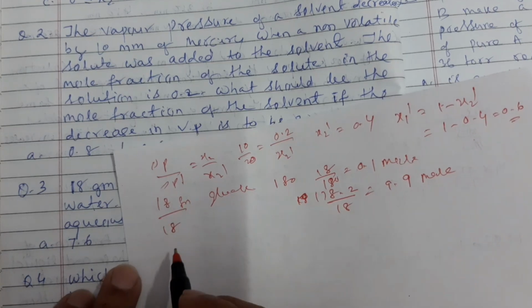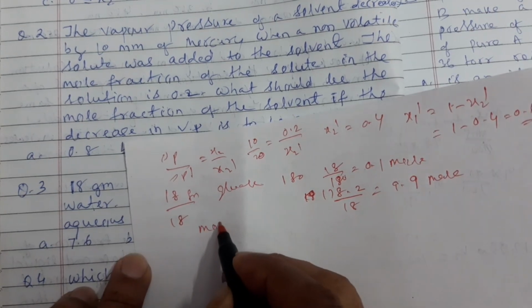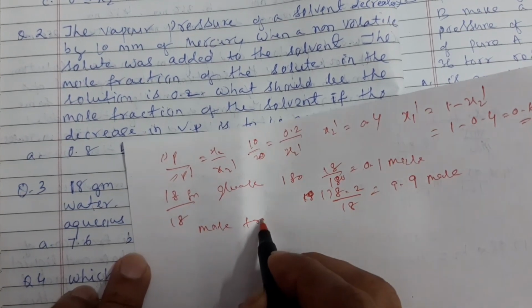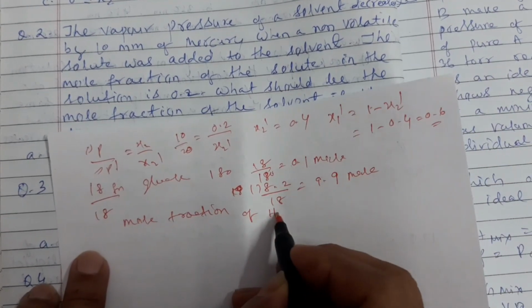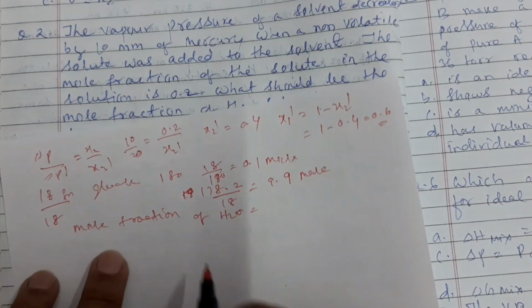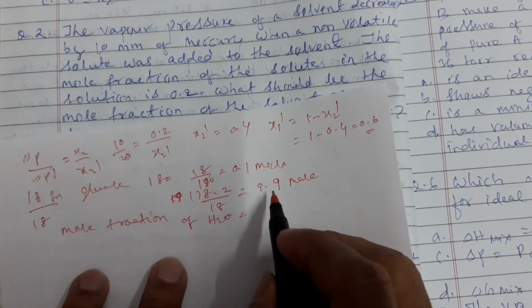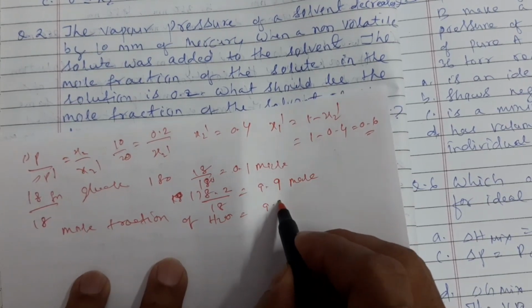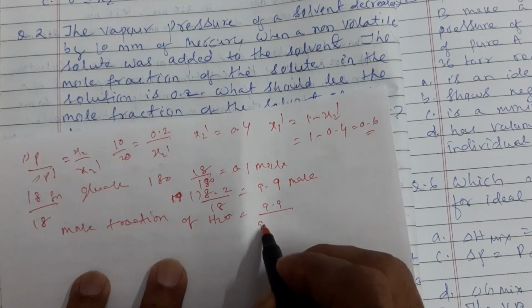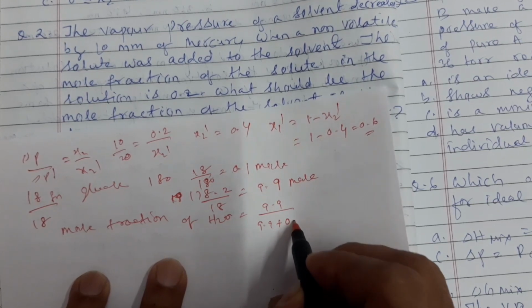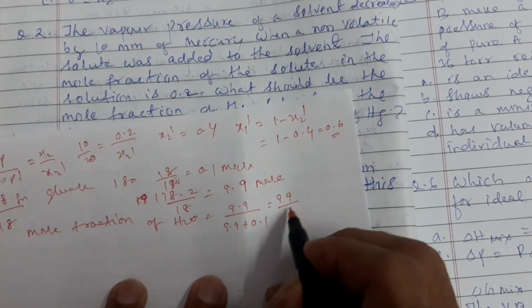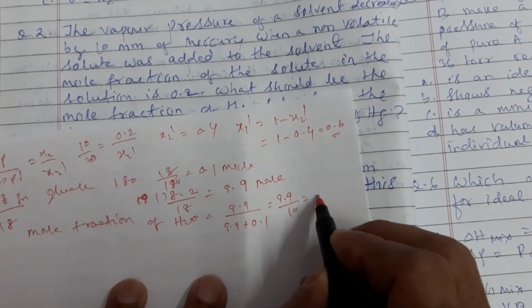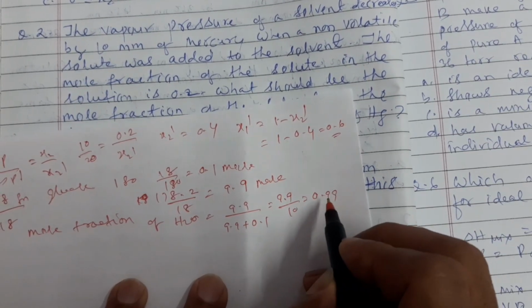The mole fraction of water is 9.9 divided by 9.9 plus 0.1, which is 9.9 divided by 10, equal to 0.99.